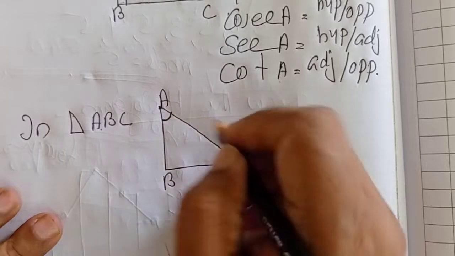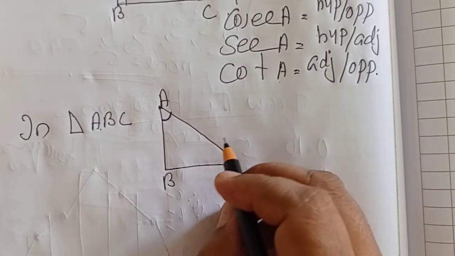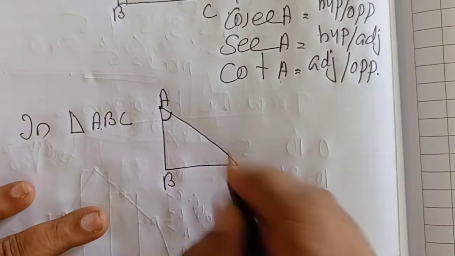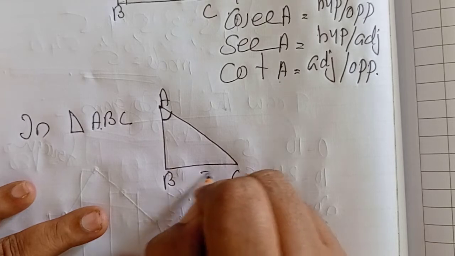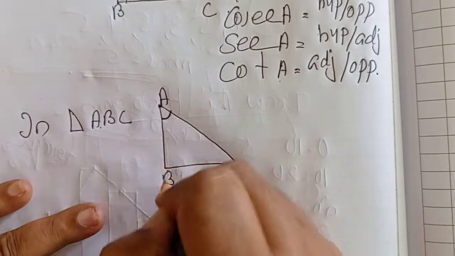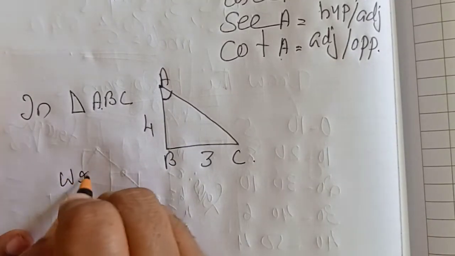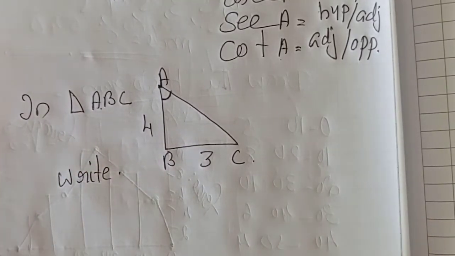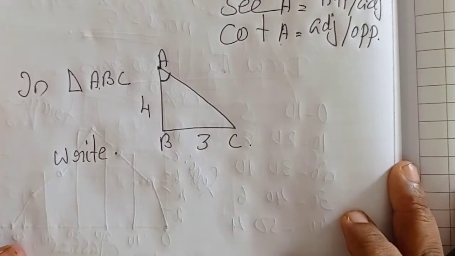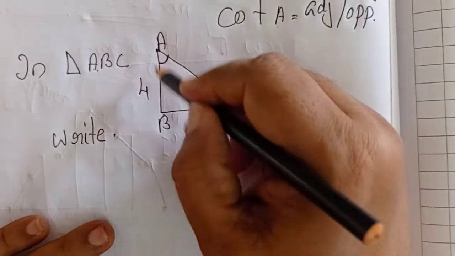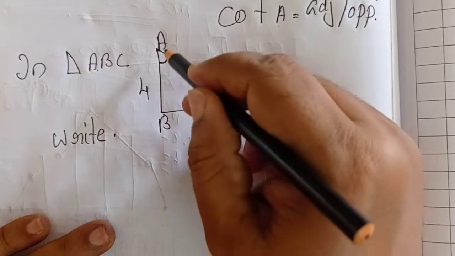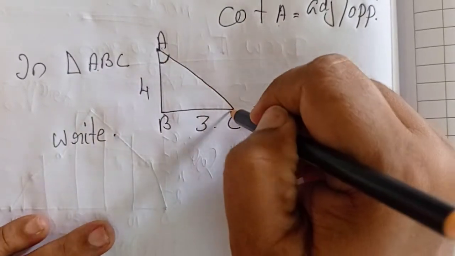Then BC is equal to 3 centimeter, AB is equal to 4 centimeter. Write all the 6 trigonometrical ratios. Okay. Here only 2 sides are given. Therefore, you have to find the hypotenuse.